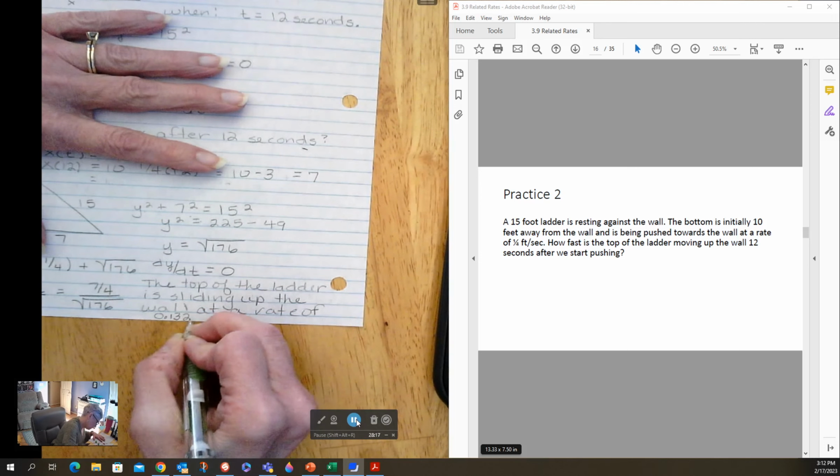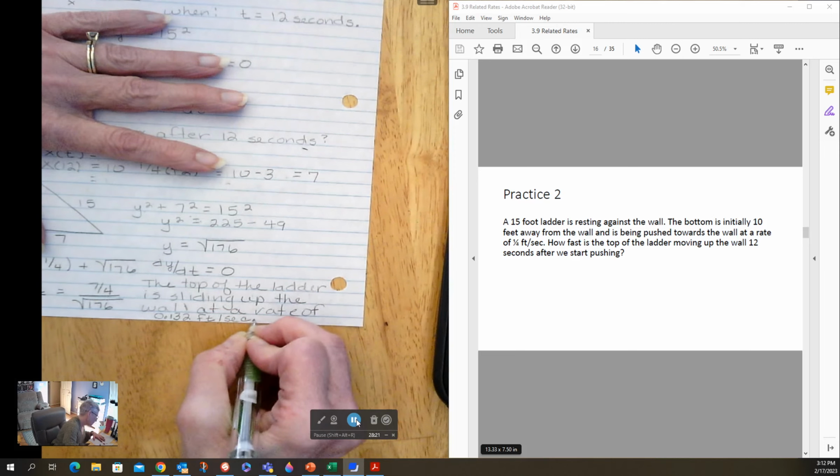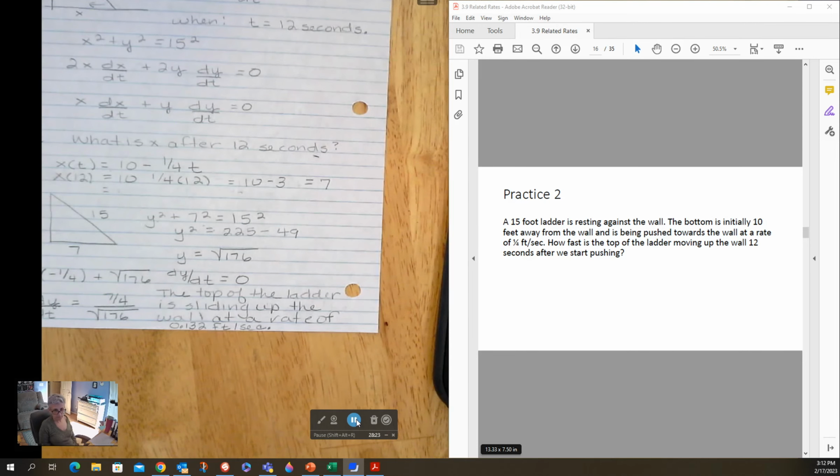We'll round it to 0.14 feet per second. Okay, we'll stop here. Maybe practice some with Pythagorean theorem and with just geometric formulas in them, and then we'll learn some more.